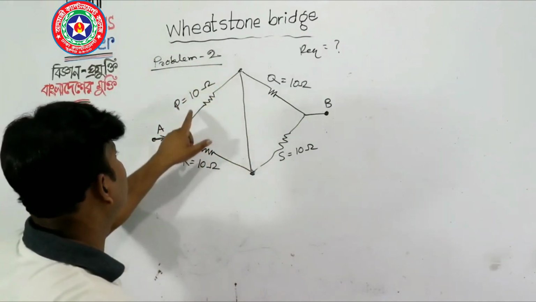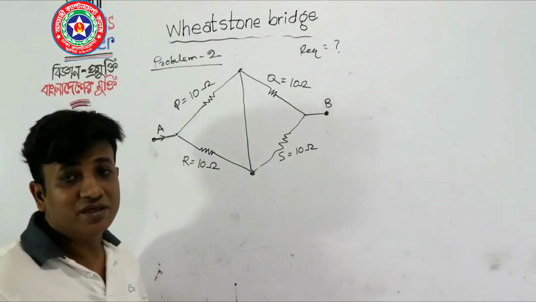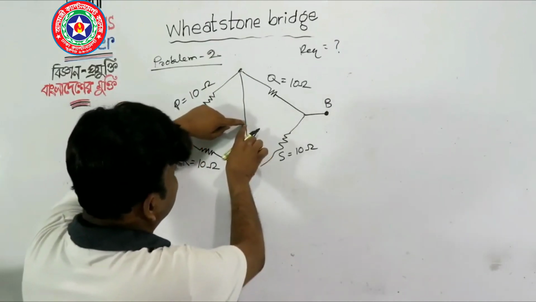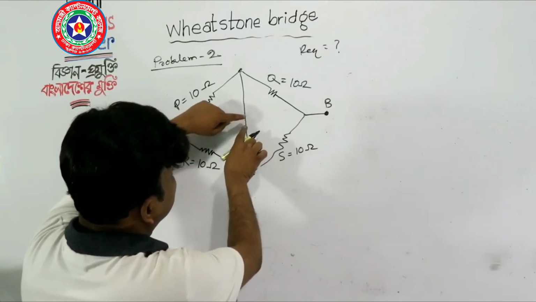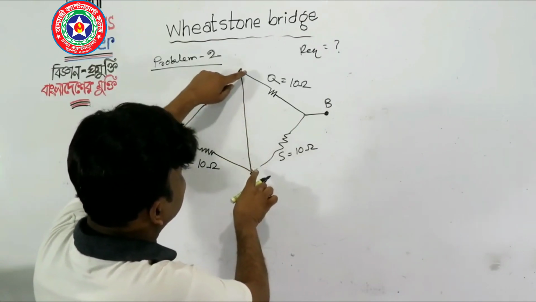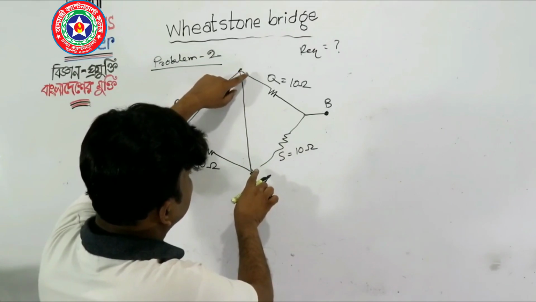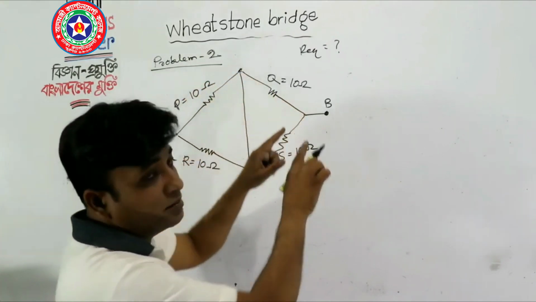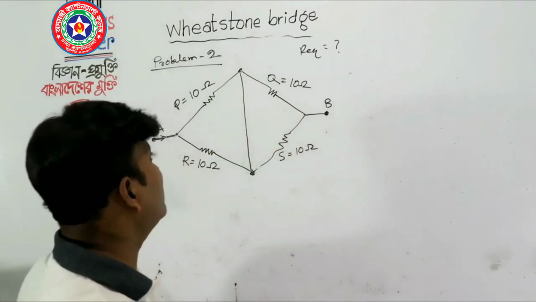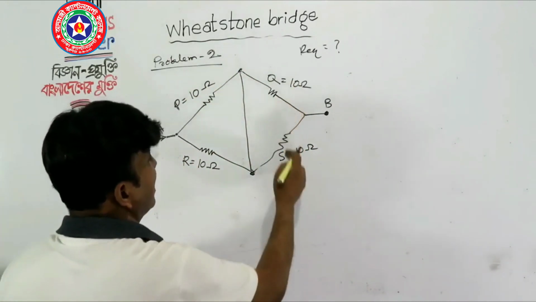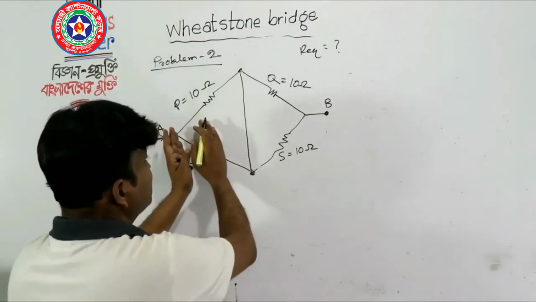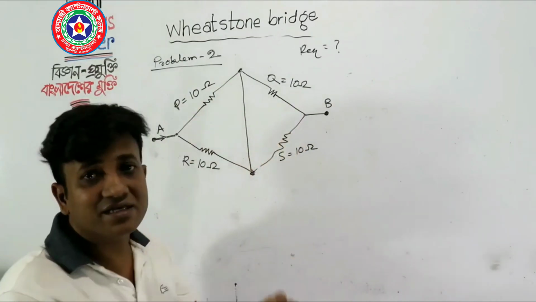Okay, that's why P and R will be in parallel. Next, from this point it will be divided again into 2 paths across Q and S, and they will meet at point B together. Okay, that's why Q and S are parallel to each other, but this side and this side are connected in series.